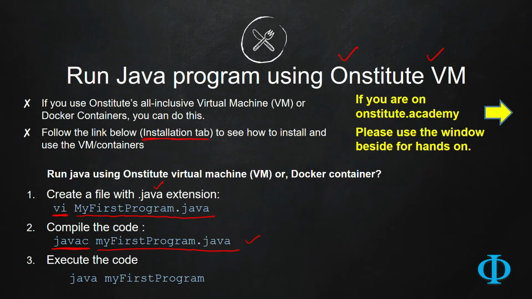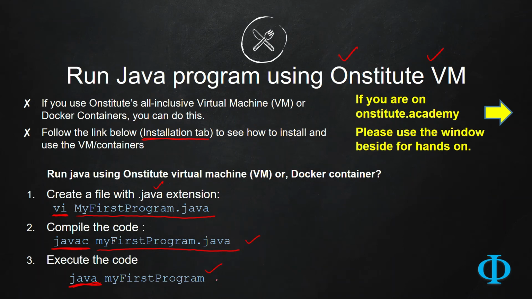And once you are done with compilation, now it's the time to execute your Java program. So in order to execute, you have to use this command called java. So java followed by only the program name.